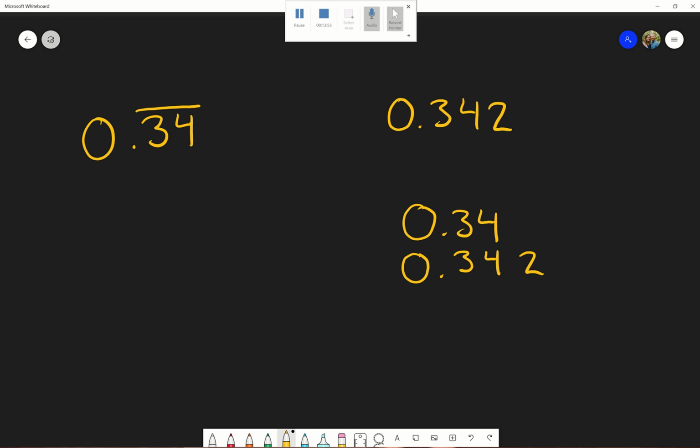And so to give them the same number of place values, I need to continue the repeating decimal. Since the repeating decimal is 3, 4 repeating, that means it will end up looking like 0.34343434 forever and ever. So to give this the same place value, I'm going to put my next digit here, which would be a 3, right?